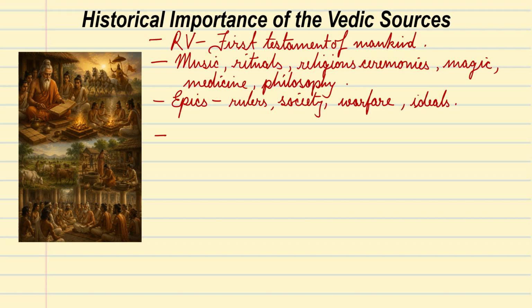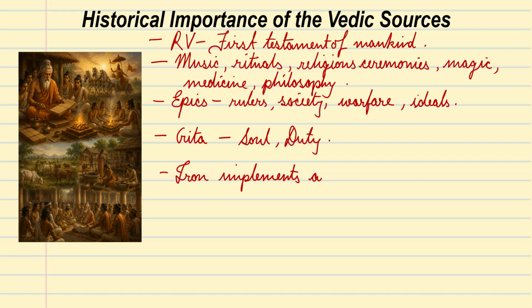Then we have the Gita, which give us information about soul and duty. It gives us information about many things, but the main thing I am writing. Then we have iron implements and pottery. They give us a wide range of information about different topics.